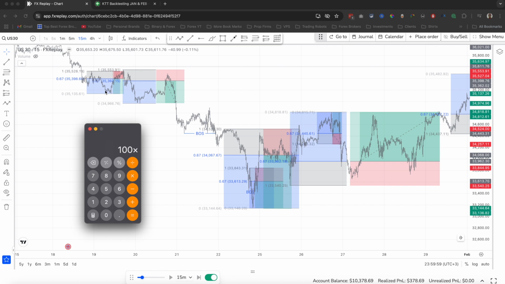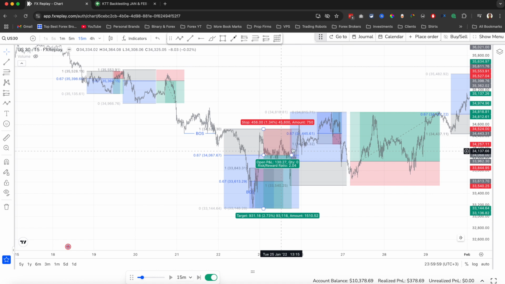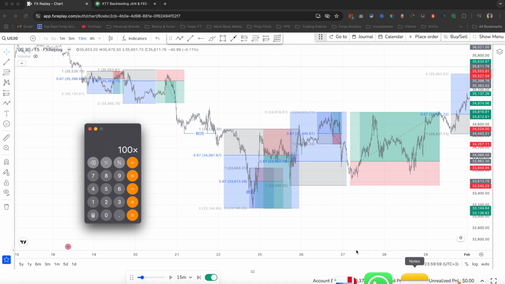And $100, we lost 1, 2, 3, 4. So we lost 4, and for $100, multiplied by 4 is 400. We lost 400 here, and then we won 2, right?